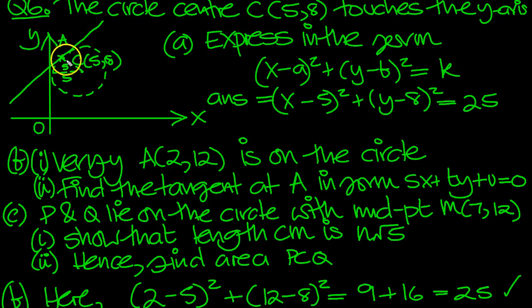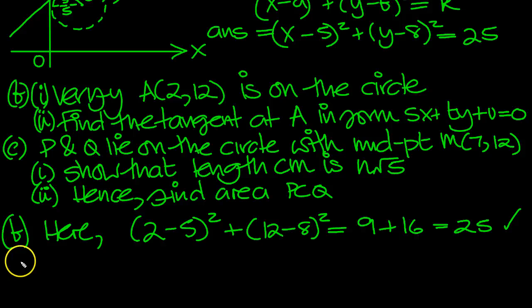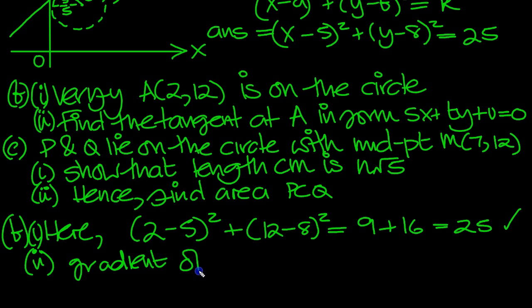So what gradient is this line? This is (2, 12), as we said. So what's the gradient of this line? Then we can get the gradient of the tangent. So the gradient of AC, the normal.